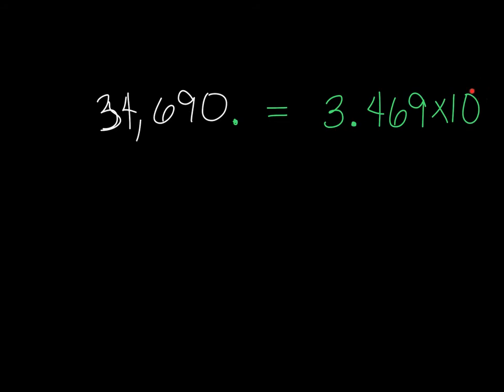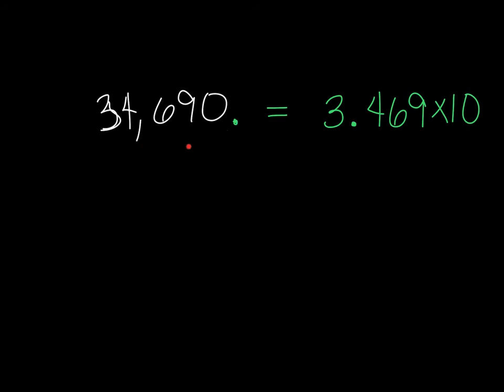My number right here is supposed to give directions on what to do with this decimal. Well, this is the number 3.4. I want it to become bigger, so I need my exponent to be positive. And I need it to be bigger by how many spots? So I need to go 1, 2, 3, and I actually need one more, right? Because I'm looking at my decimal being right here, and I'm going 1, 2, 3, 4.